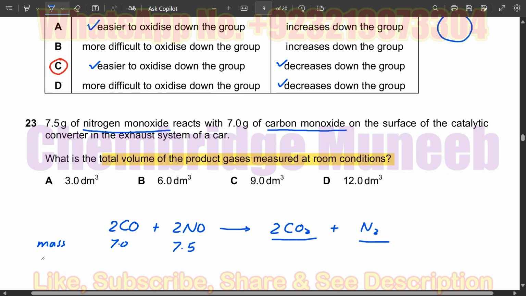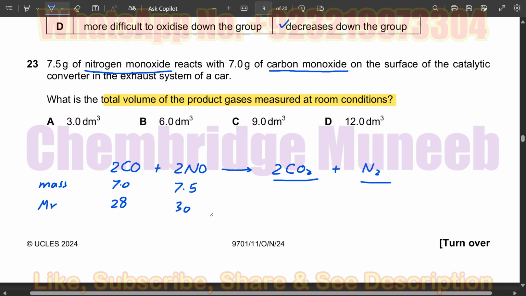These are the masses. The Mr value for carbon monoxide is 28. For NO, it is 30. Then we calculate the moles. The moles for carbon monoxide is 0.25 and for NO it is 0.25.